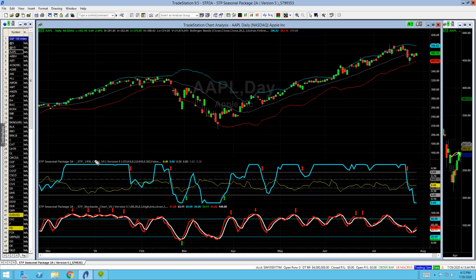So this is the Laguerre. This is the Bollinger Band. Very, very simple. Now, about a year ago I added a modified stochastic. The reason is that you're going to get more opportunities to enter with the stochastic. It's more aggressive by nature.